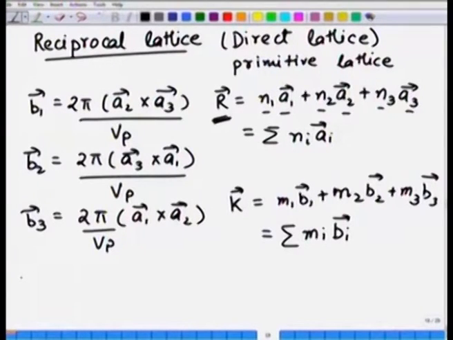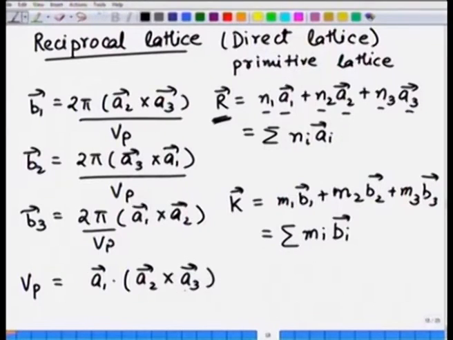All right. So, this is the K vector I am writing, and Vp in this case is just the scalar product A1 dot A2 cross A3, which gives me the volume of the primitive cell. So, if I ask what is the primitive cell constructed by, A1, A2, A3 are the vectors which construct the primitive cell.